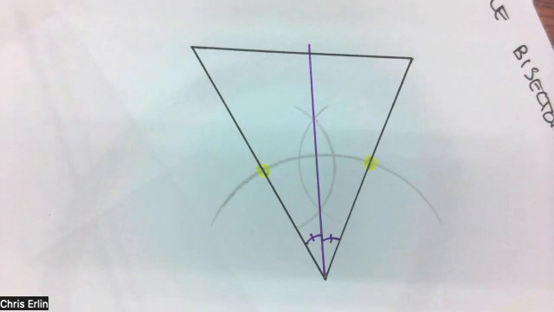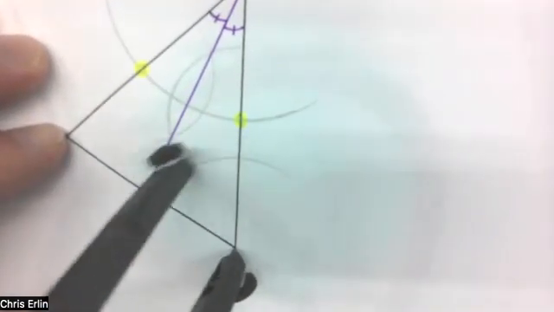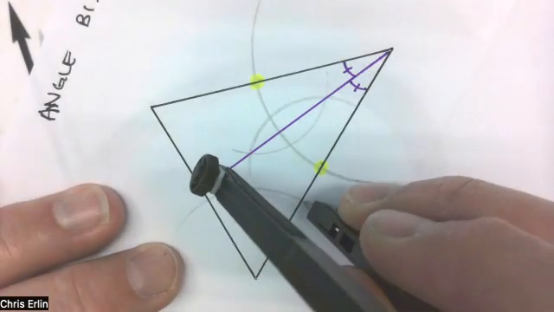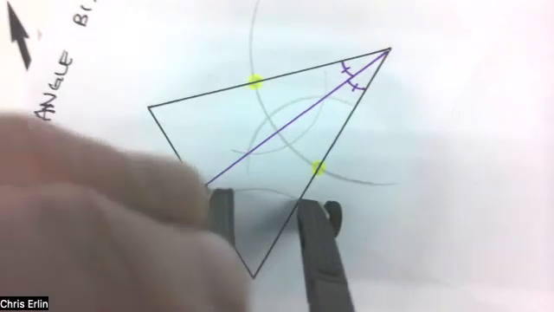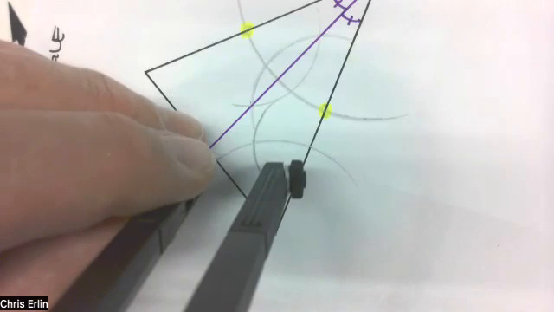Yeah, so place one on top of the arc, and then as we did before, do it again. Turn your triangle and do it again.